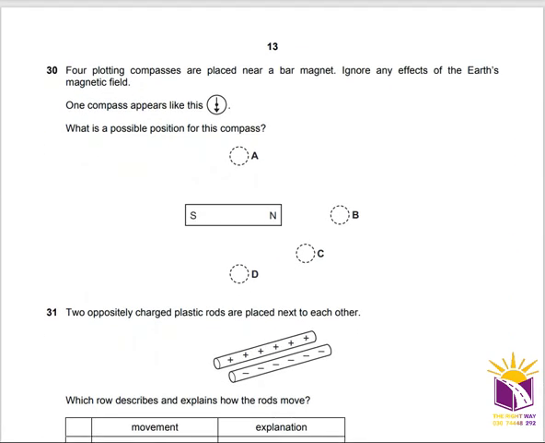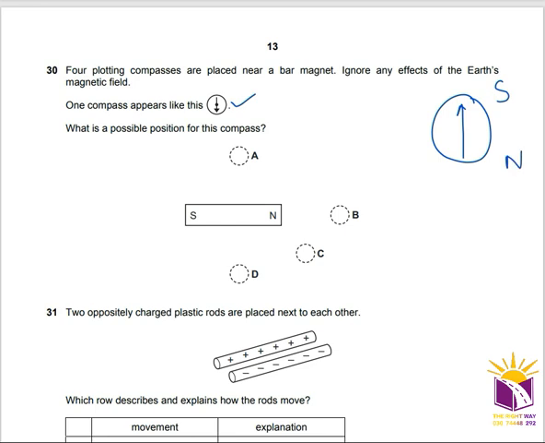Four plotting compasses are placed near a bar magnet. Ignore any effect of the Earth's magnetic field. One compass appears like this one. What is the possible position of the compass? For a compass, the arrowhead is toward south and the tail is toward north.